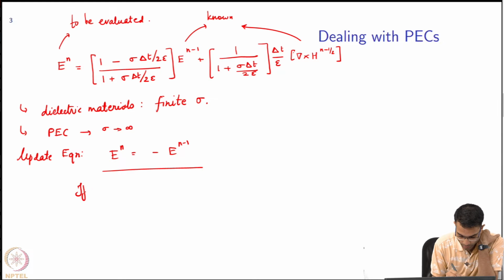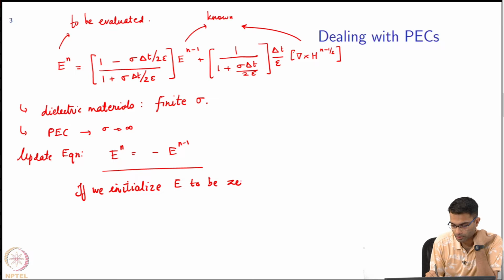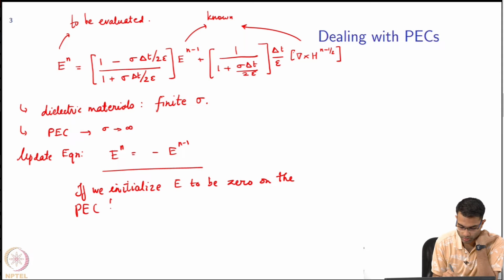So if we initialize E to be 0 on the PEC boundary, it stays that way.